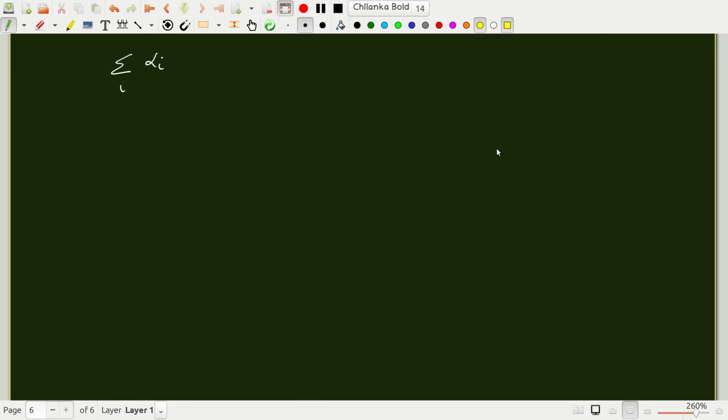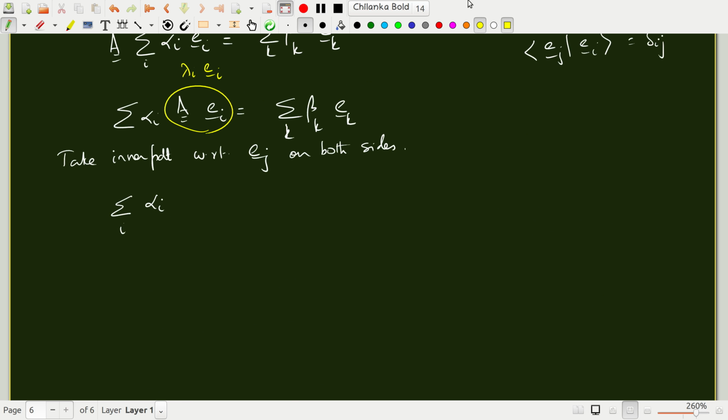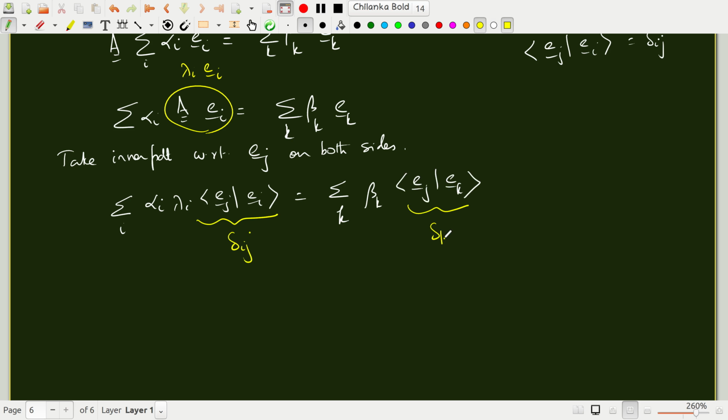So I have alpha i lambda i ej ei is summation k beta k ej ek. Since it's an orthonormal set, this is delta ij, this is delta kj.